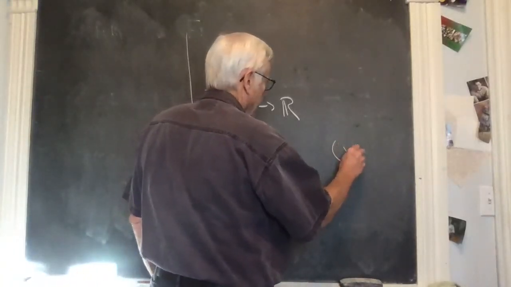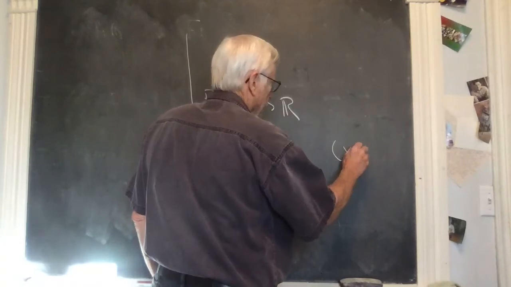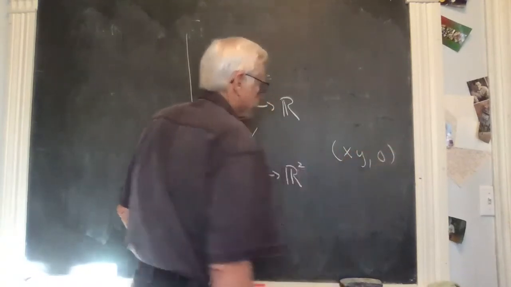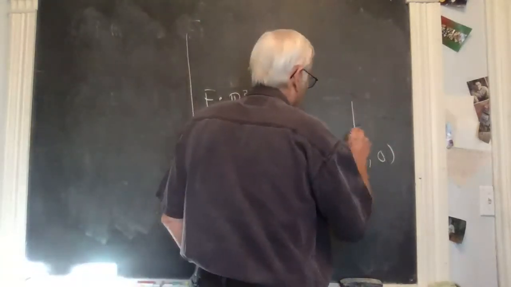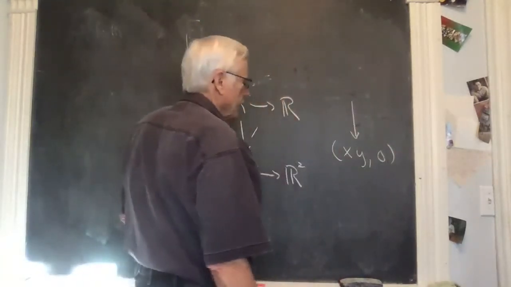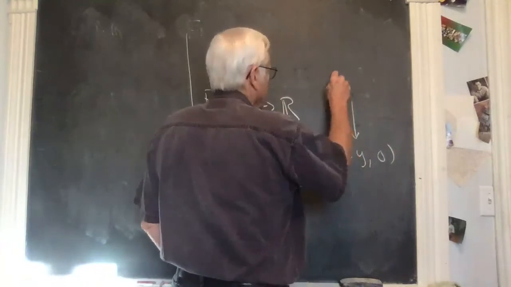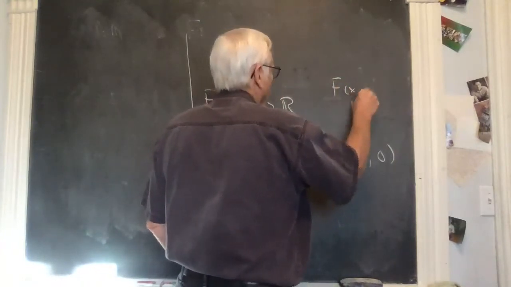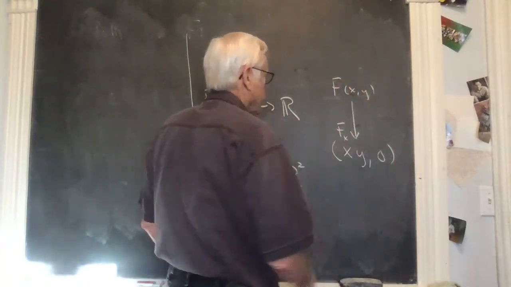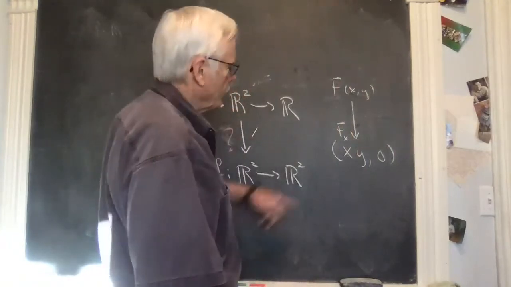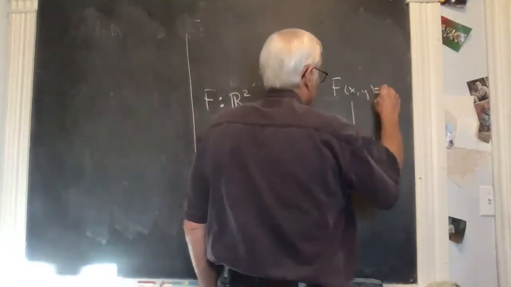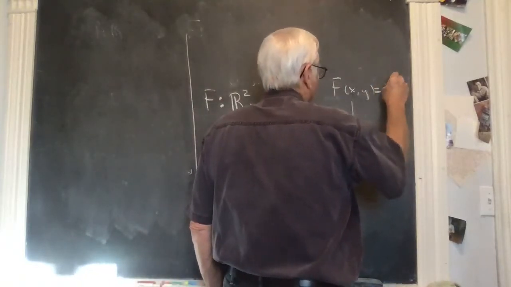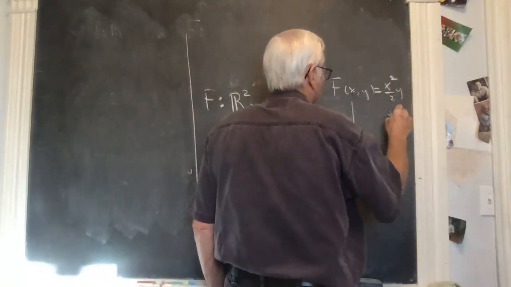If you take, let's say, x, y, and 0, what would be an antiderivative of this? Well, if there was such an f of x and y, then this would be f sub x. So if you integrate this with respect to x, you're going to get a piece of this. So this would be x squared over 2y plus some other stuff.